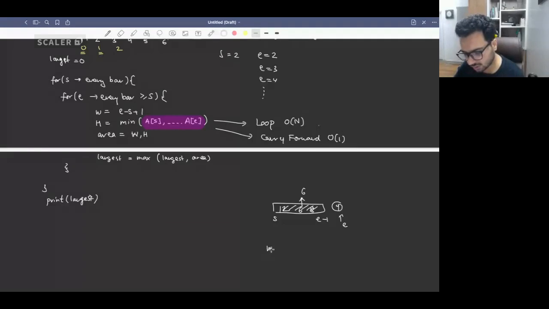So how can you say what the new minimum is? Can I say the minimum of S to E is nothing but the minimum of the current element, which is array of E, comma, the previous minimum which you already know?